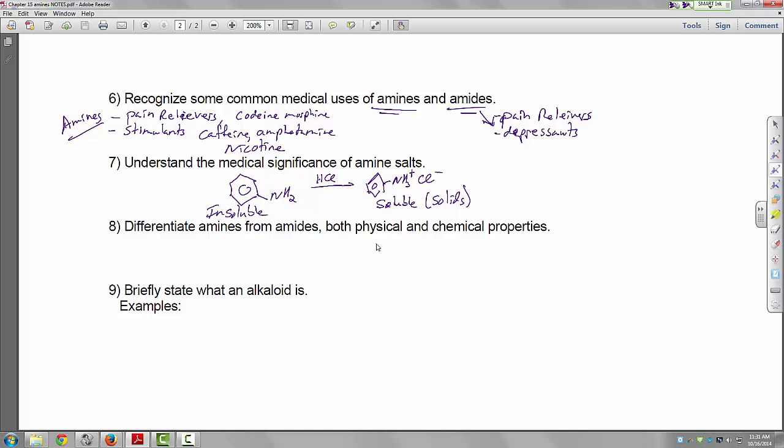Differentiate amines and amides in physical and chemical properties. Okay, amines, say the primary and secondary, these guys have hydrogen bonds, so they're more polar, higher boiling points, and solubility.